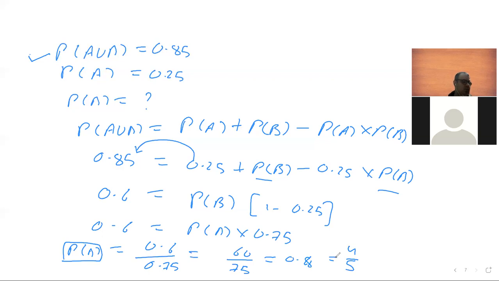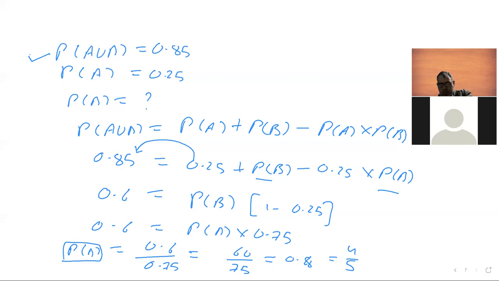The question is exactly the same, only the values are different. I got 0.53 for P(B).